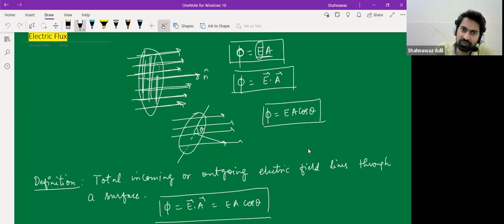Yes, of course, electric flux is scalar because you have a dot product, right? So it is a scalar quantity. Yeah, of course, electric flux is a scalar quantity. So yeah, this is what you are asking, Aisha.